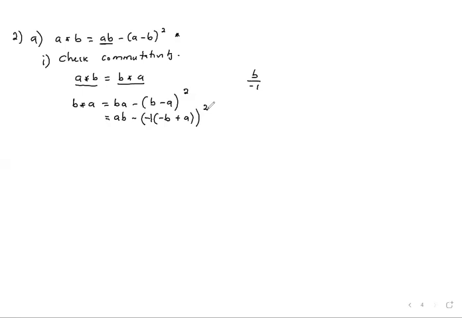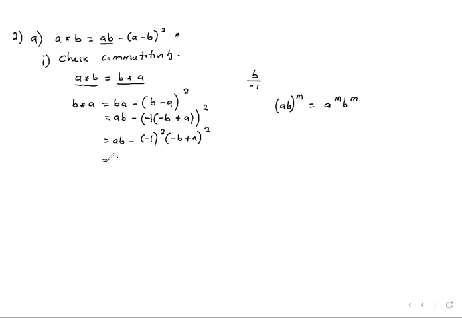Fortunately, you would have done exponentials as you write this exam. Under exponentials, if I have AB to the power M, I can give M to each of these. So we have AB, and minus 1 to the power 2, and negative B plus A still under power 2.